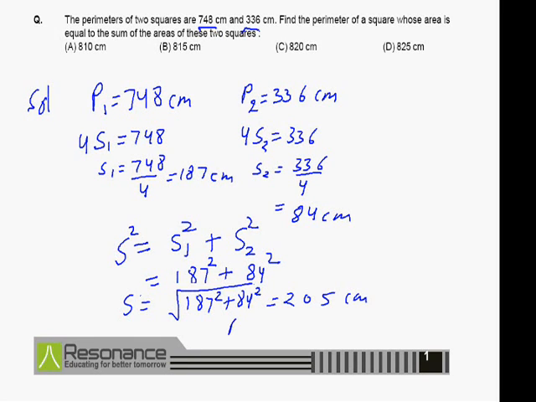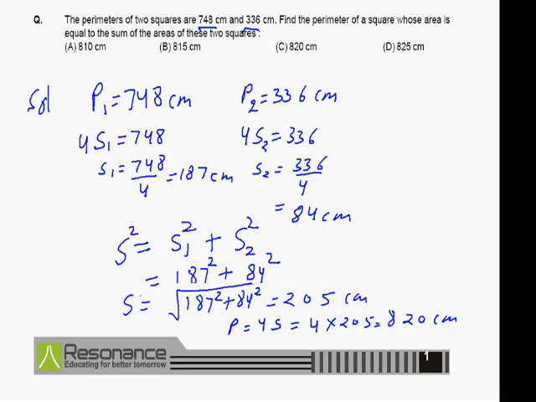The perimeter of the square whose side is S is 4 times the side, which is 4 into 205, equals 820 centimeter.